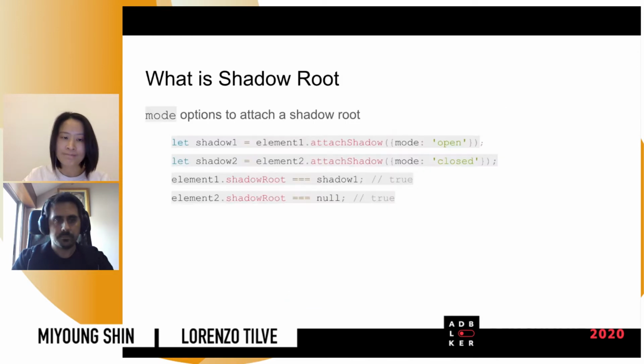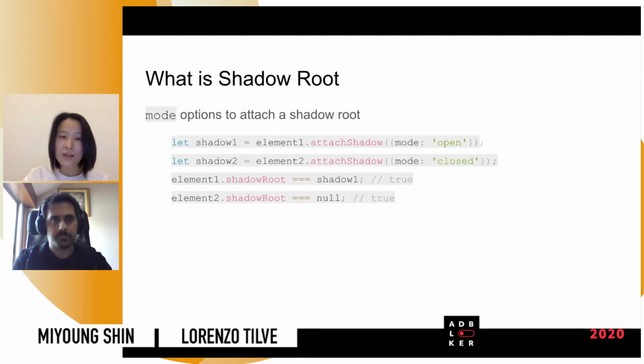You can attach the shadow root to any element using the element.attachShadow method. This takes as its parameter an options object that contains one option, mode, with a value of open or closed.